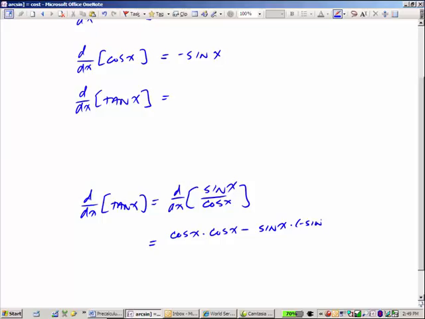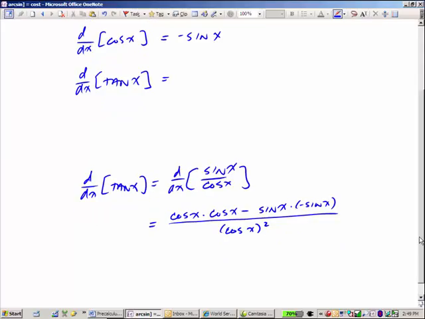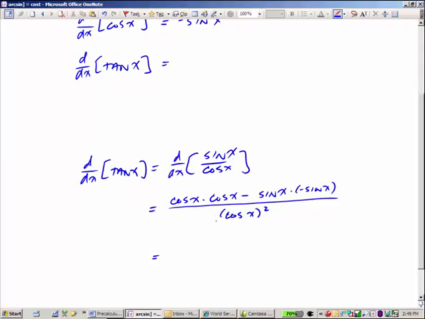Negative sine. All over cosine x quantity squared. But some of you said it's cosine squared x, so I'll actually write that. Cosine times cosine. Cosine squared x. Plus sine squared x. That should be ringing a bell.